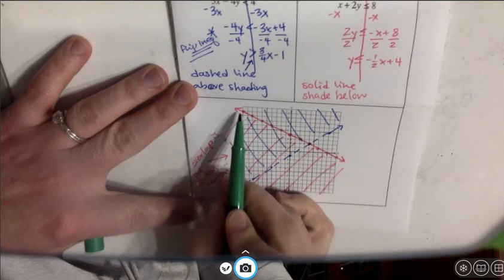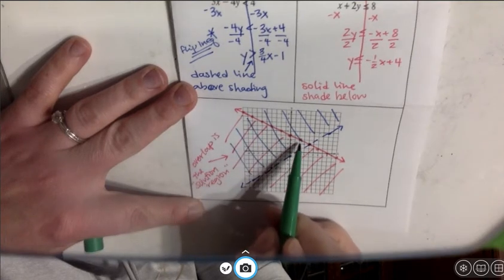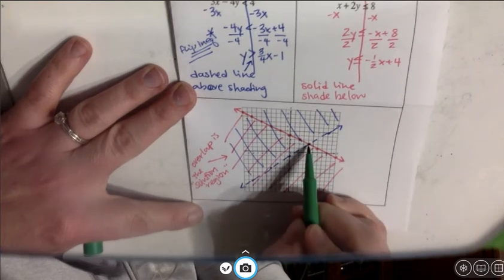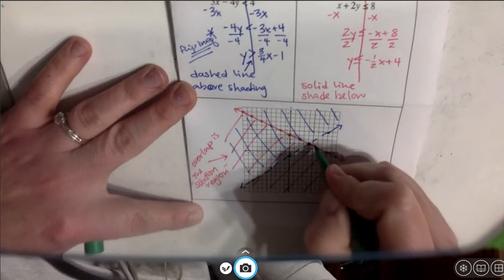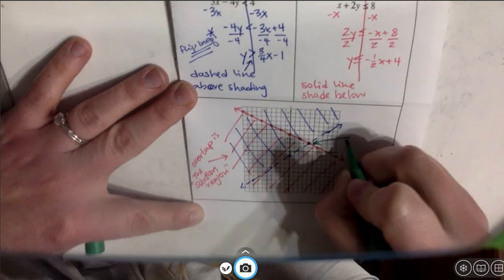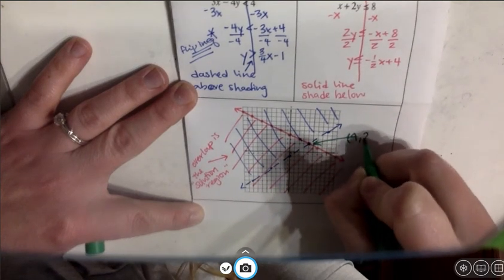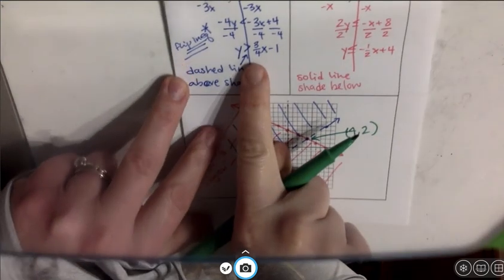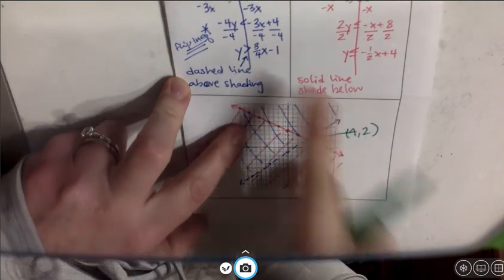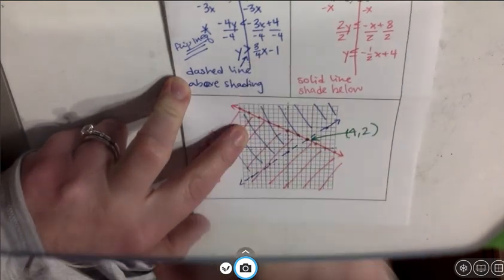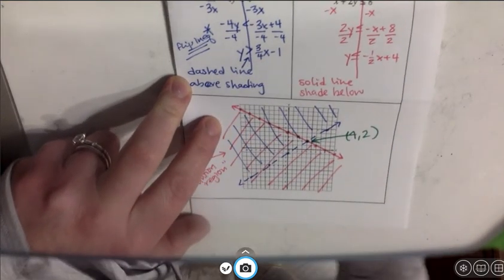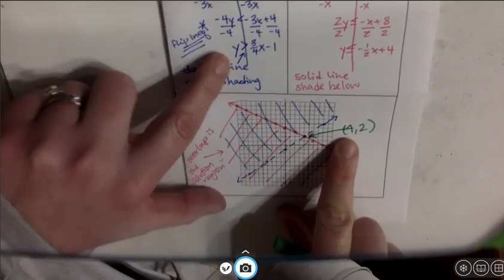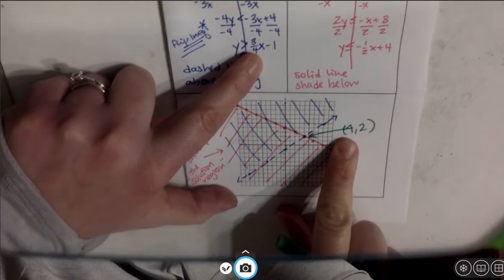That also includes any point that falls on this line, this pink line, up until the intersection point, but it does not include the actual intersection point. So if I look at this intersection point of 4, 2, it is not a solution because of this inequality here not having an equal to. If we put these numbers into this inequality, we would get a false statement. 3/4 of 4 is 3 minus 2 equals 2.